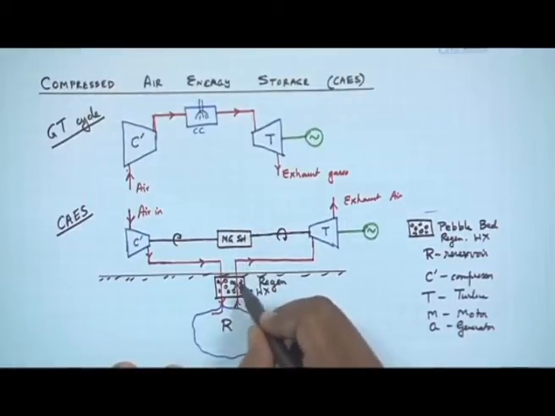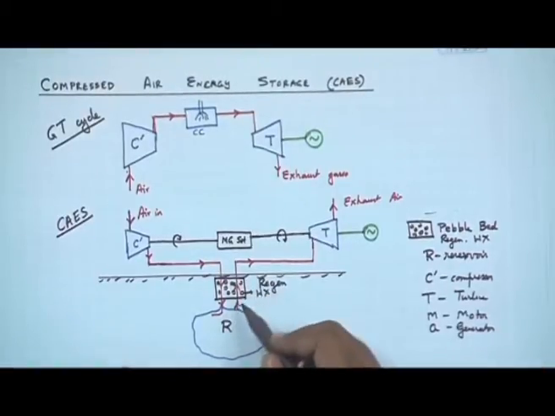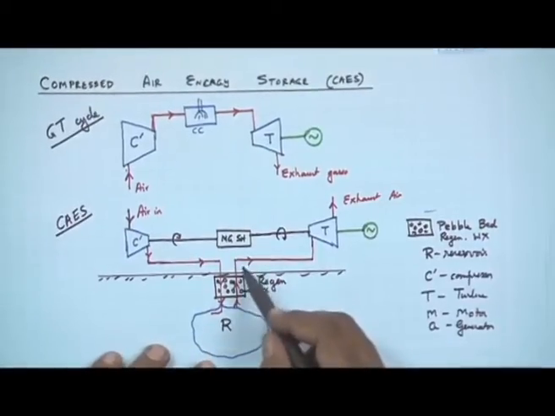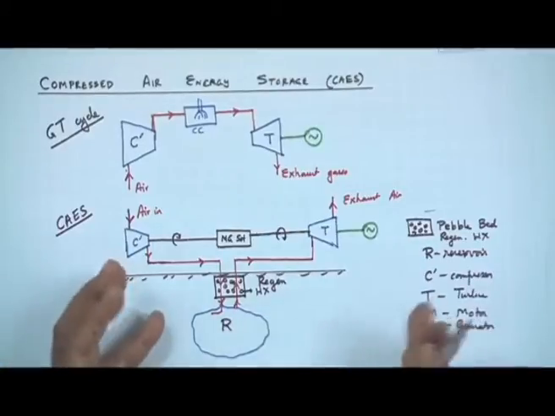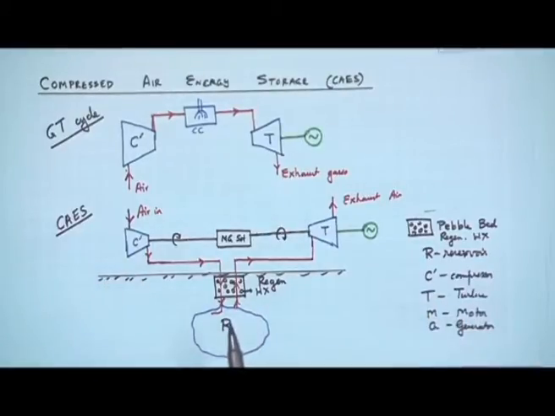Similarly, when it is released, it is made to flow through the same regenerative heat exchanger, where it picks up the heat from these pebbles. These pebbles are good candidates for energy storage, right. So it picks up the heat from these pebbles and goes through. Pebbles is just one example, we will see more examples later. We will list down other types of heat exchangers that can be used for this purpose.